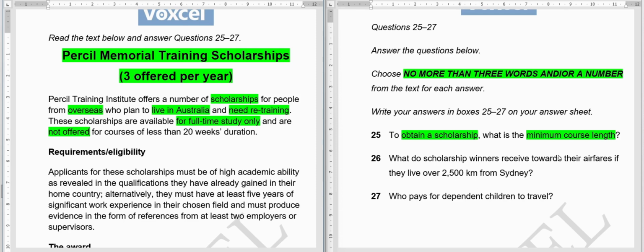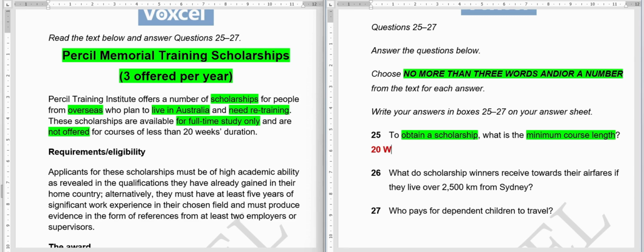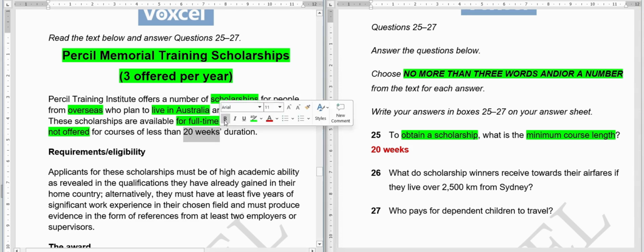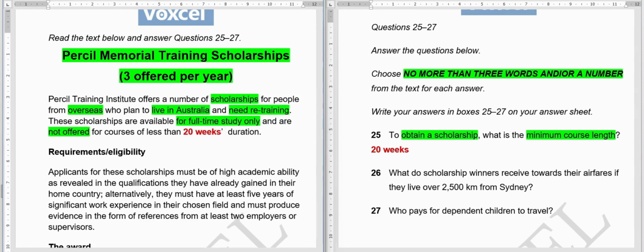Okay, time's up. I'm going to write the answer here first and let's see if you were able to find the correct answer or not. Answer is 20 weeks. Let me mark here. Question number 25. Why is it 20 weeks?